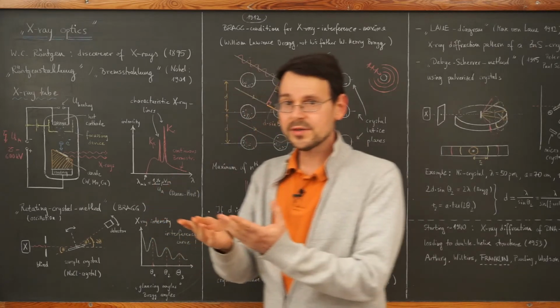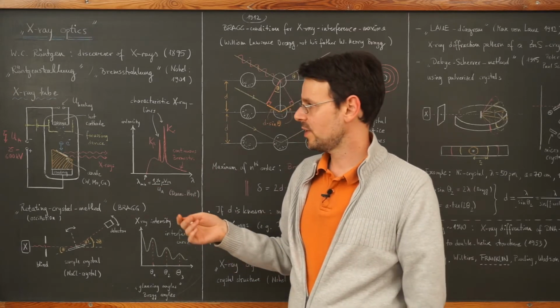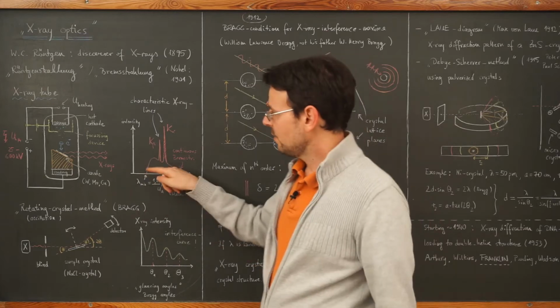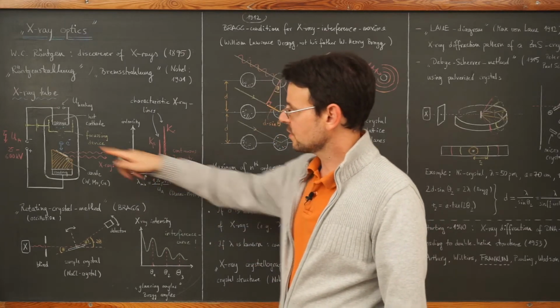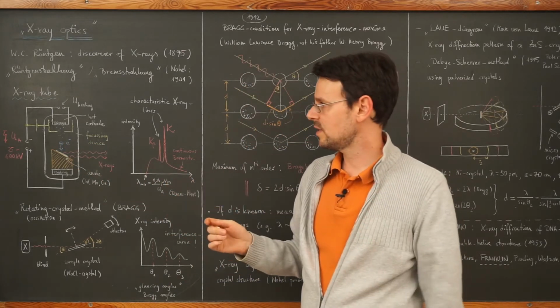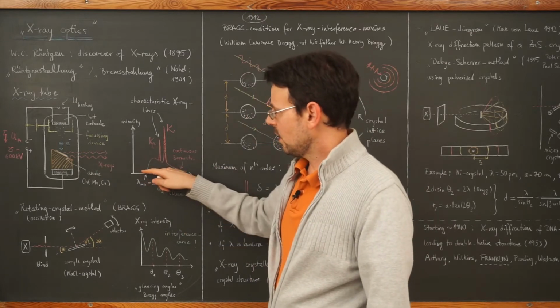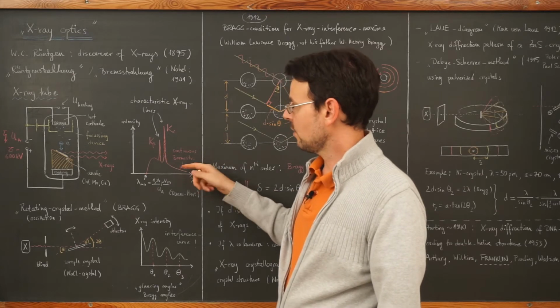And whenever charges are accelerated, and deceleration is also a negative acceleration, they radiate electromagnetic waves. This is what happens here. And this process, of course, is continuous because we have a variety of different decelerations. So electromagnetic waves with a continuous wavelength are emitted.